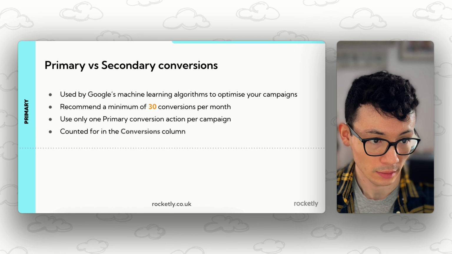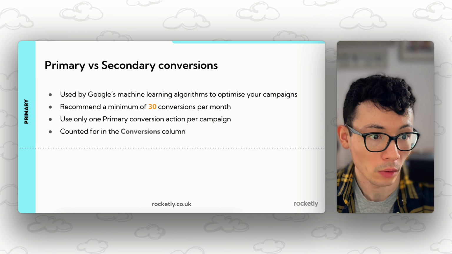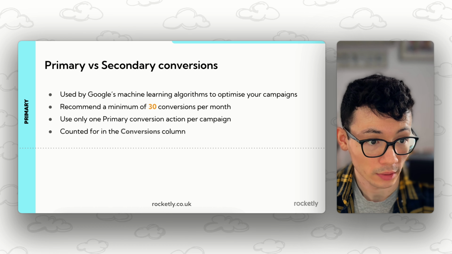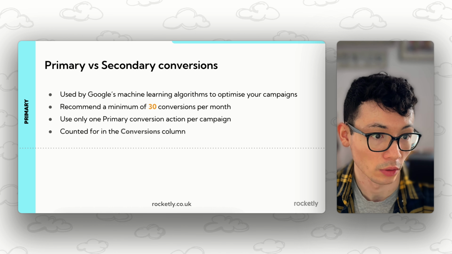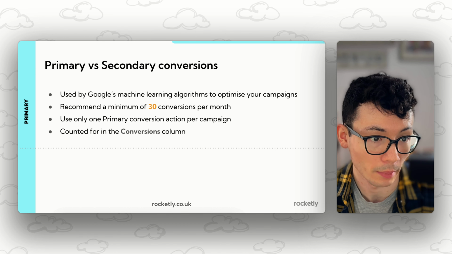This means Google will have a profile of the users that are making purchases on your website that have come from Google Ads. It will use that data to optimize and try to find more customers of a similar type to get more purchases for your campaigns, which is why it's so important to give Google the right conversion action with an adequate amount of data.